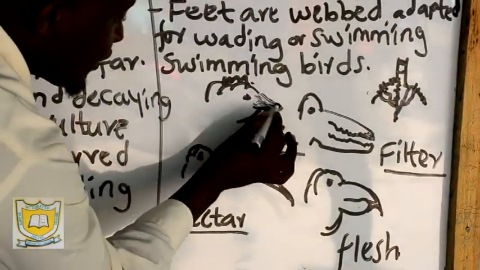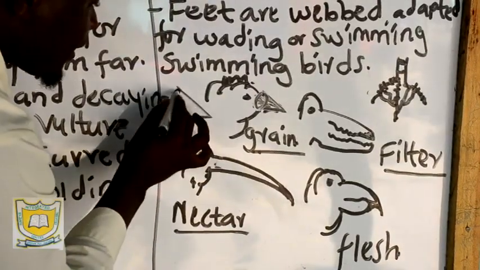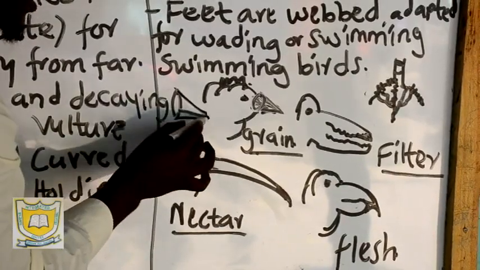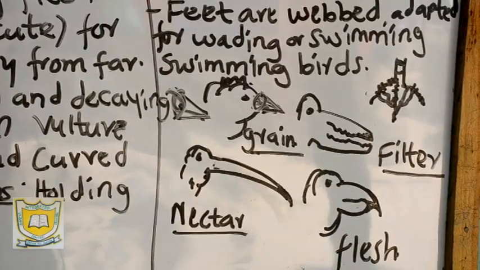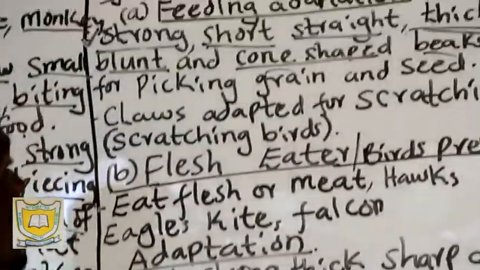When you look at the end part of this, it forms what we call a cone. So that is the description of the beak of this grain eater.